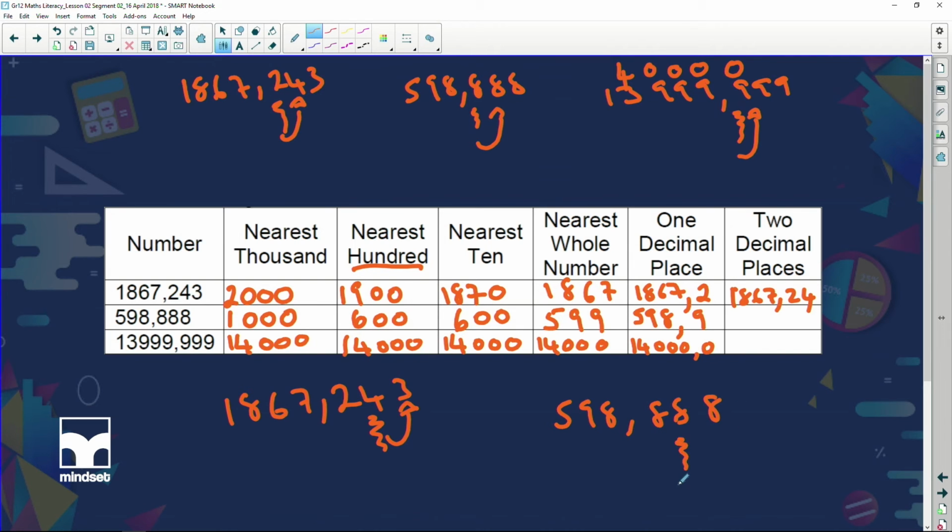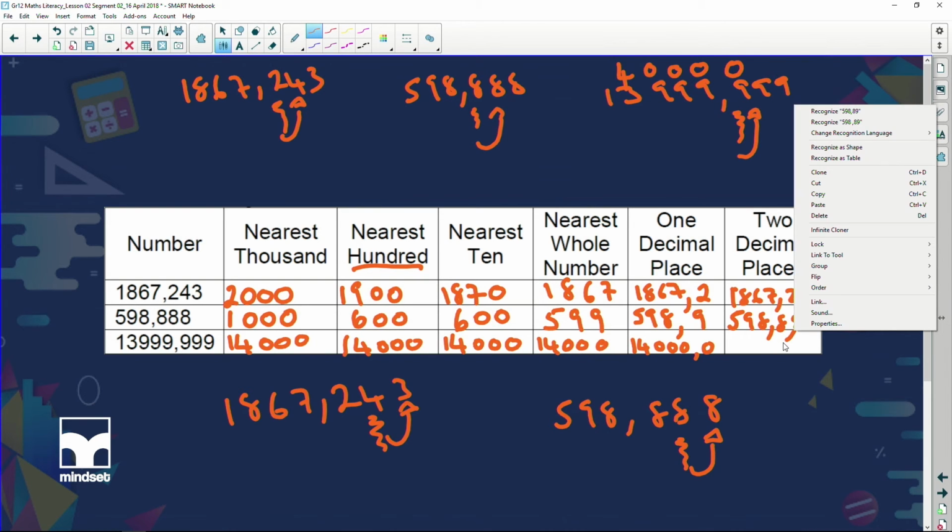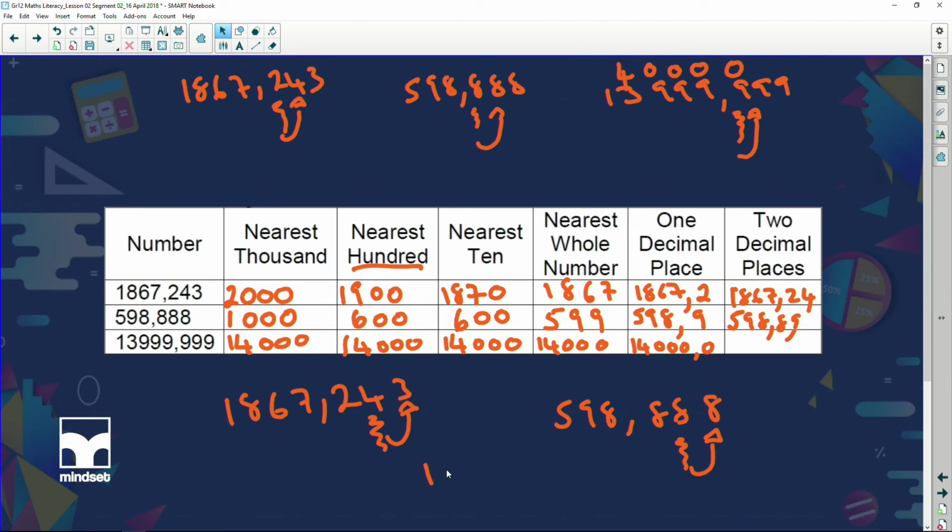That digit's going to change or stay the same. It's affected by the 8. The 8 says, hey, I'm a big number. You 8, you got to change. So it's got to change. 598,89. Finally, we get this big horrible number, 13,000. Okay, let's just find a pen here.